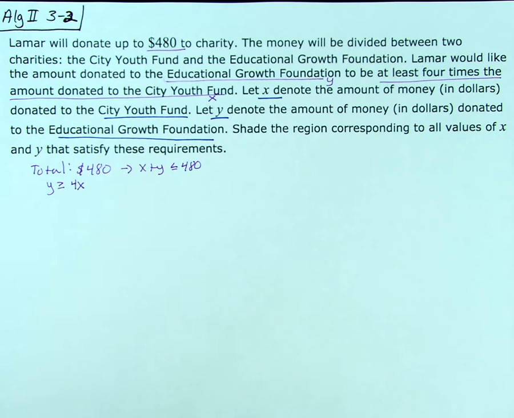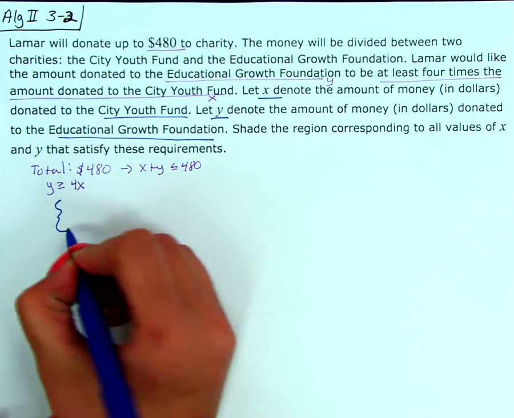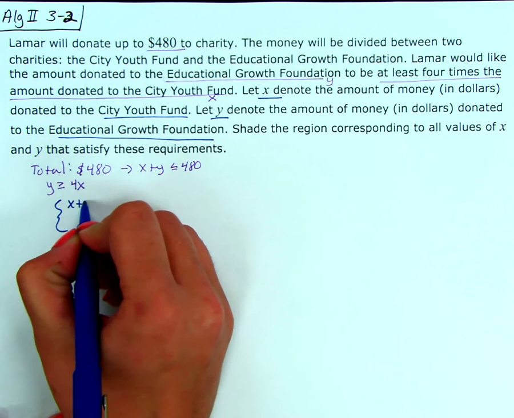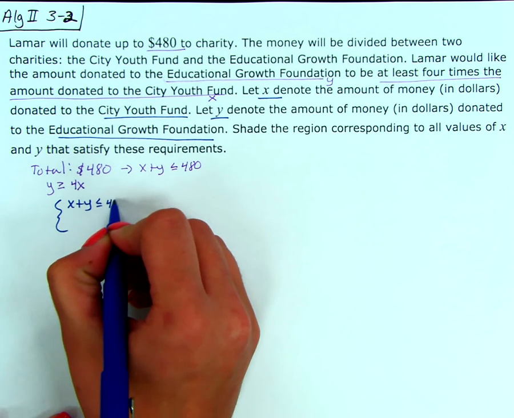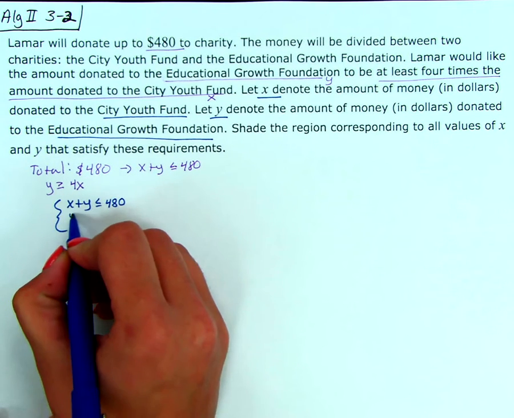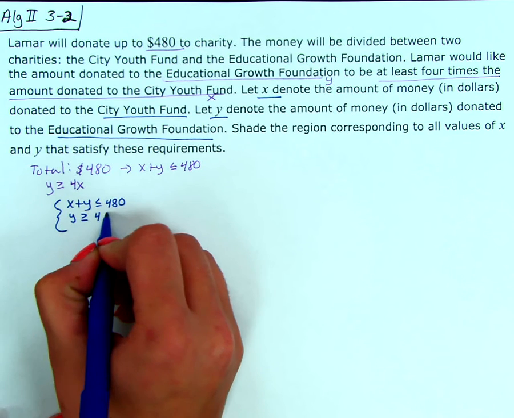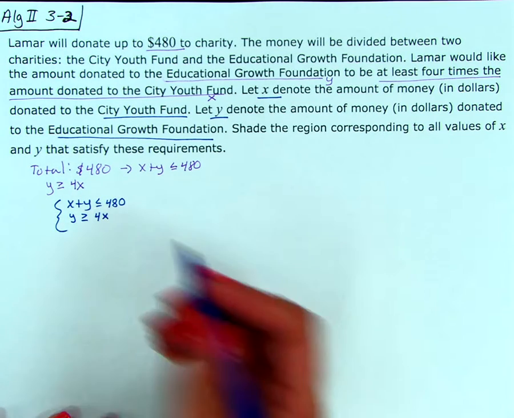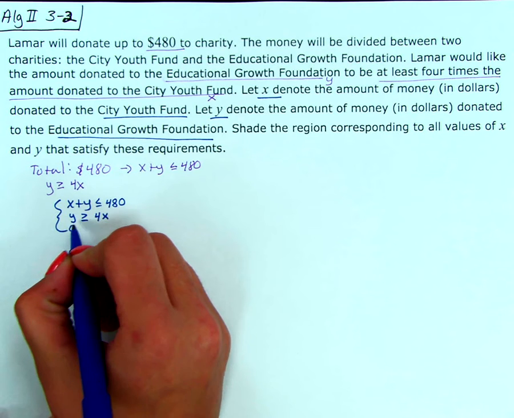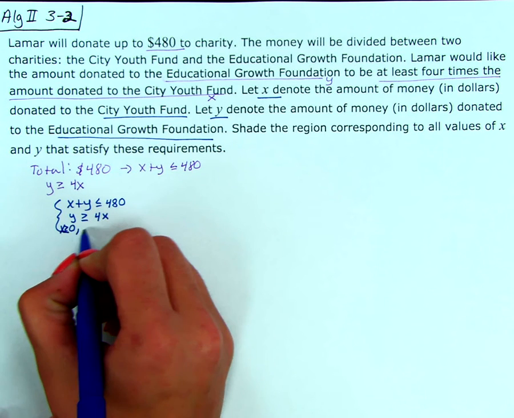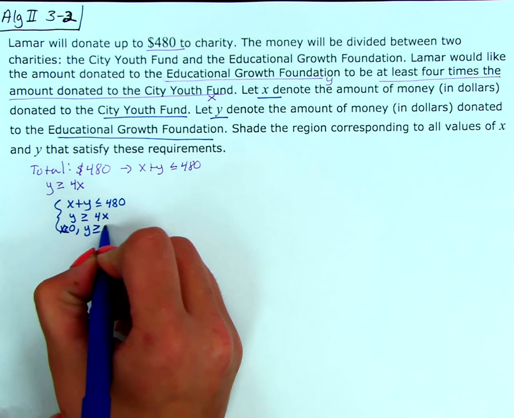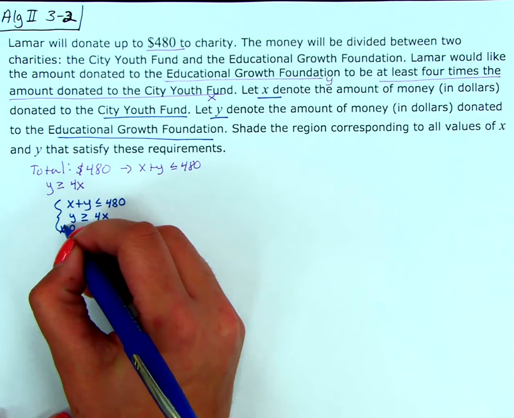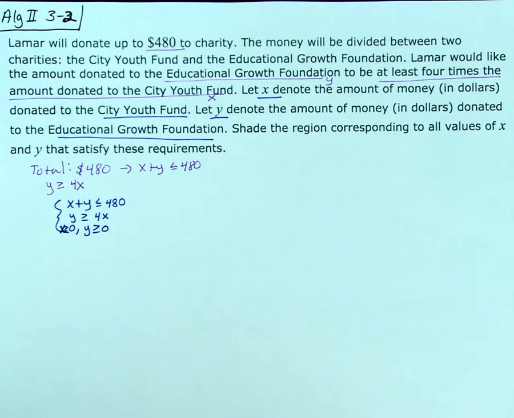So our system that we need to graph is X plus Y is less than or equal to 480, and then Y greater than or equal to 4X. And we're not allowed to give a negative amount of money, so we also need to say that X has to be greater than or equal to 0, and Y has to be greater than or equal to 0. So that's our system that we are graphing.